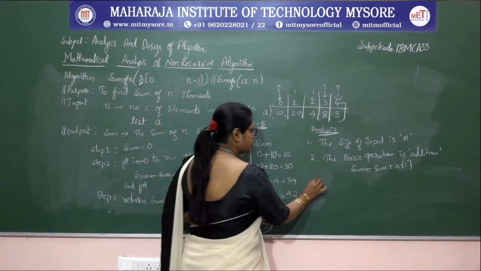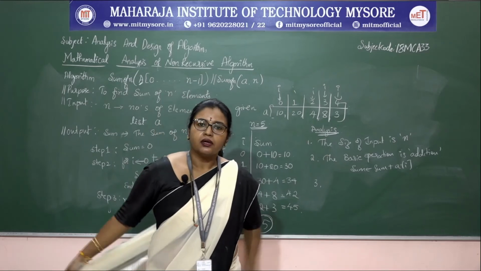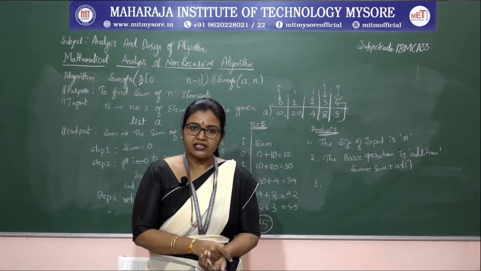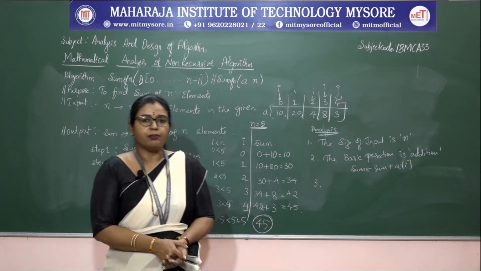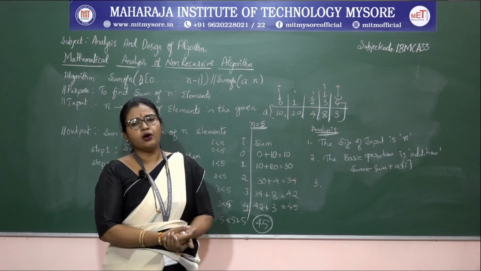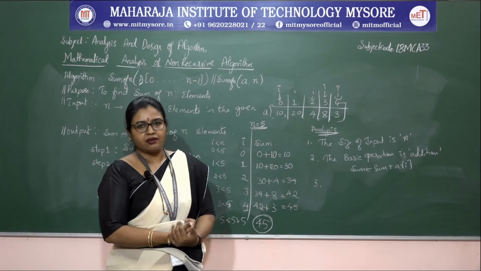Now third step, we need to check how many times your basic operation is executed. Is it based on the input size, or does it depend on any other factors? First thing is, this is the simplest algorithm. We don't have any other factor other than our input and the array values.